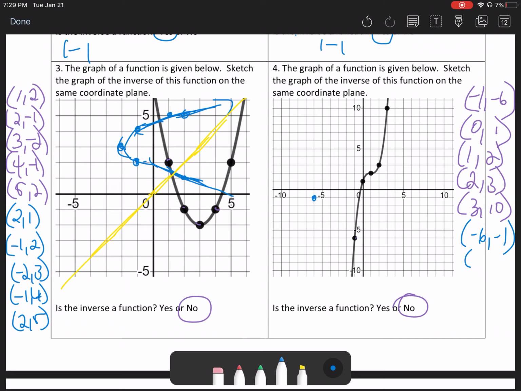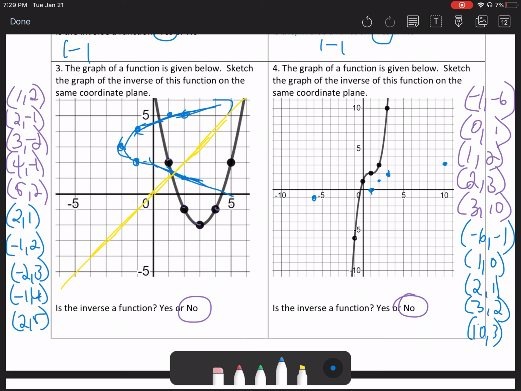I have 1, 0. So 1, 0 is here. I have 2, 1. I have 3, 2. And I have 10, 3.